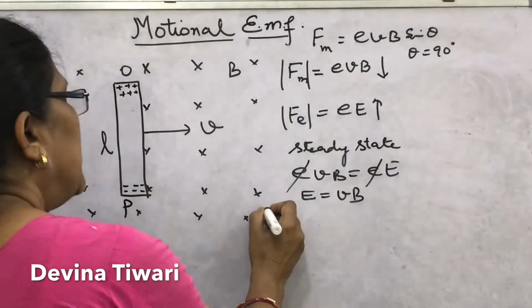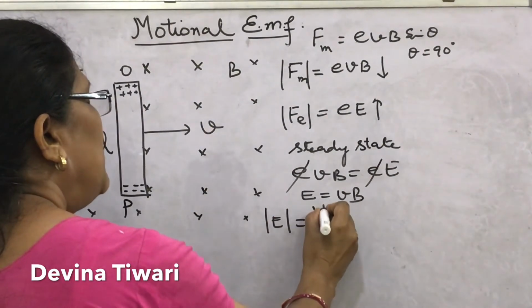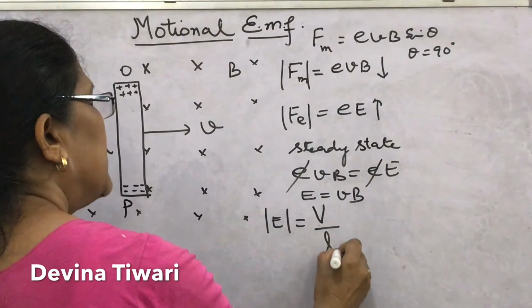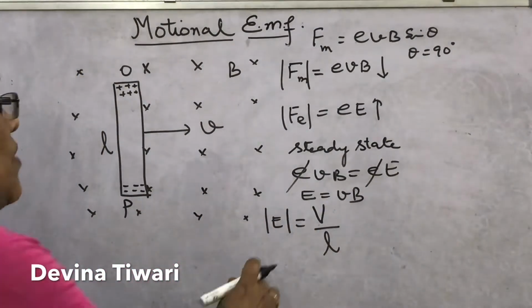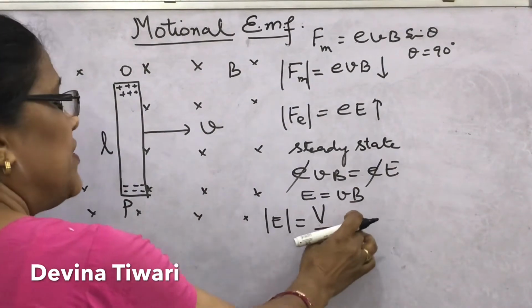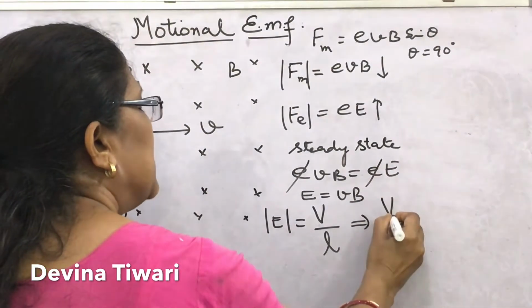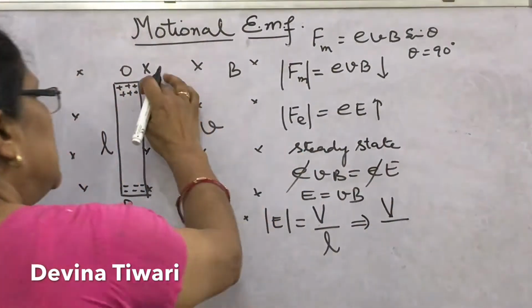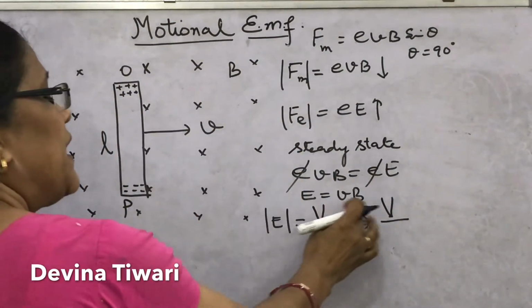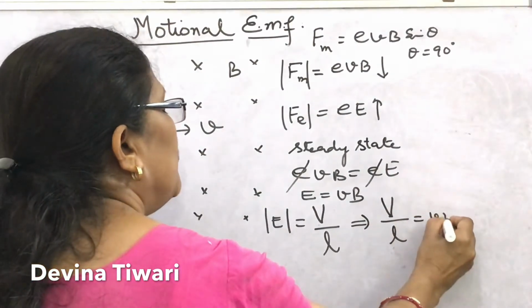And as we know, the electric field is the negative potential gradient; we have taken the magnitude here. So we can write that the potential difference across the ends of the rod, shown by capital V, upon L equals VB.